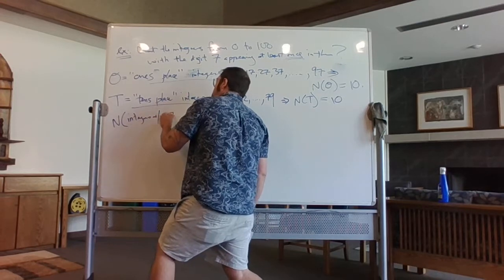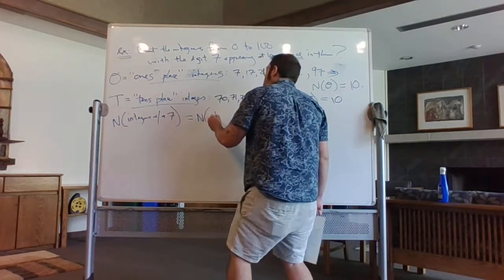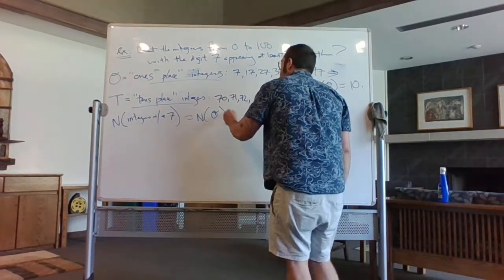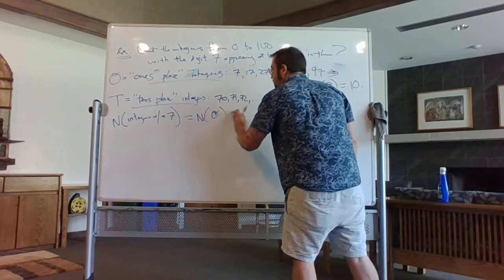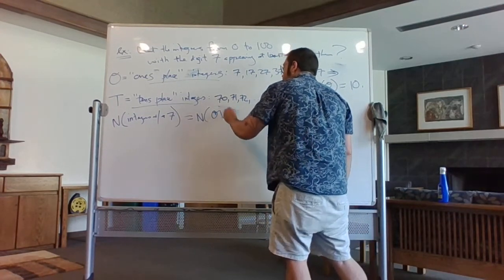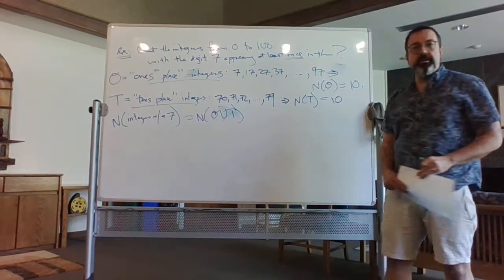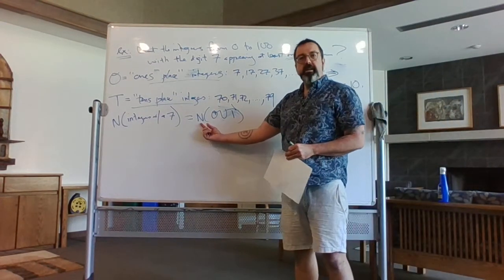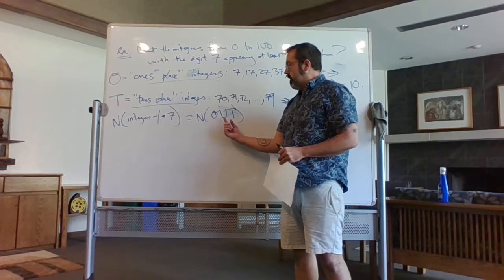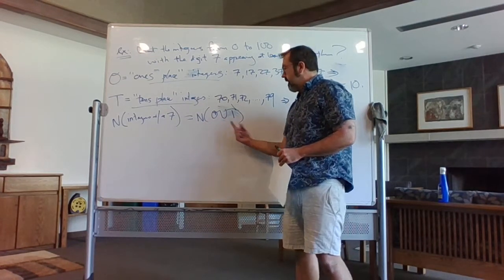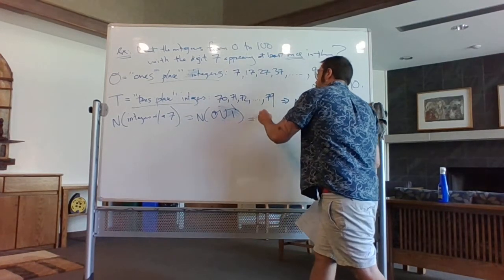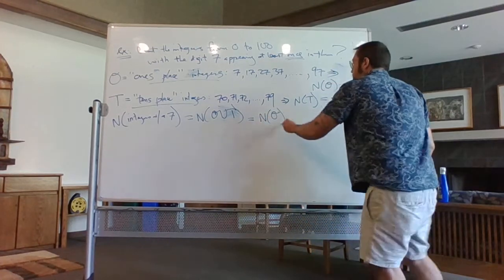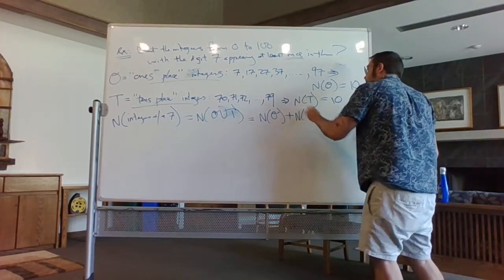So the number of integers with a 7 is the number of integers in the ones place union with the tens place. From our formula, it is the number in the ones place plus the number in the tens place.